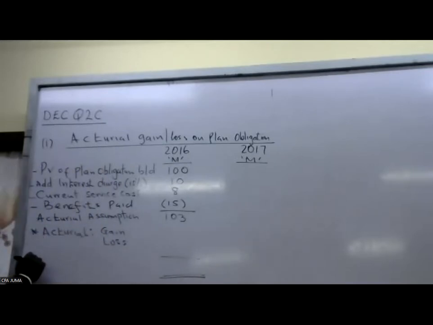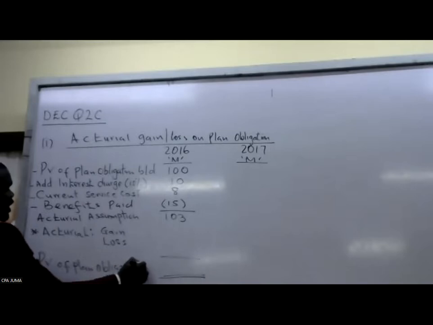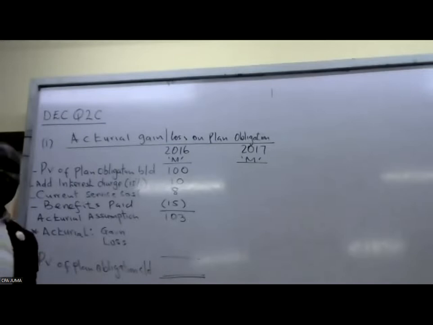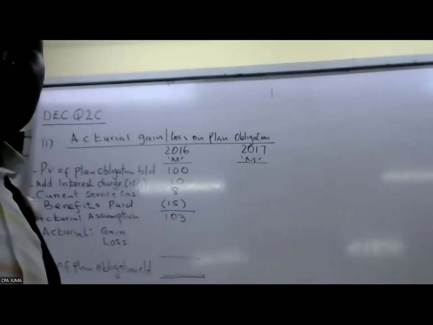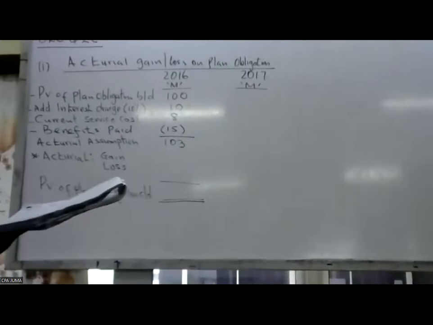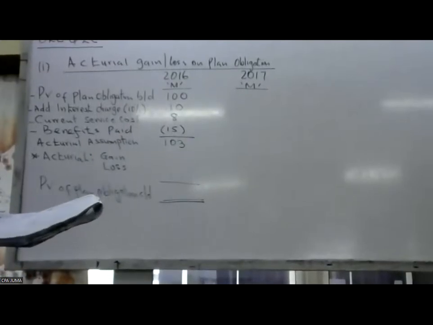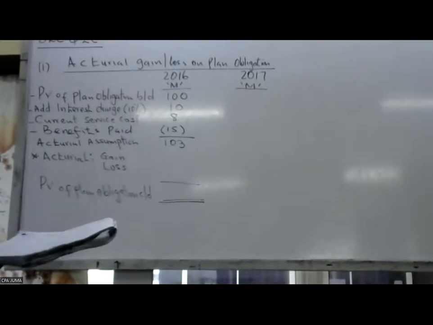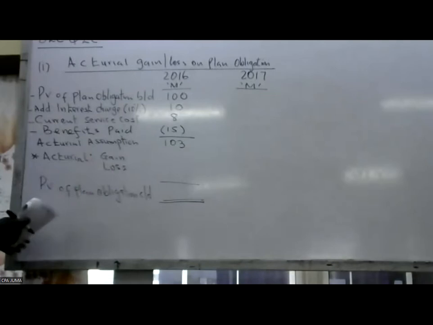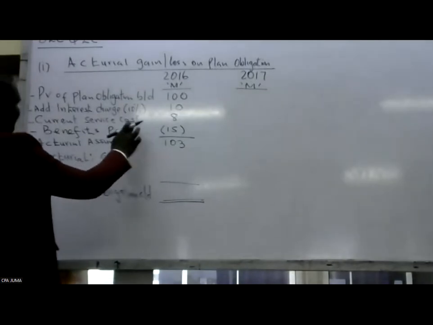So present value of plan obligation carried down. Can you check 2016? How much was the closing value of the plan obligation? There is past service cost. If there is past service cost, you charge it in the present year.